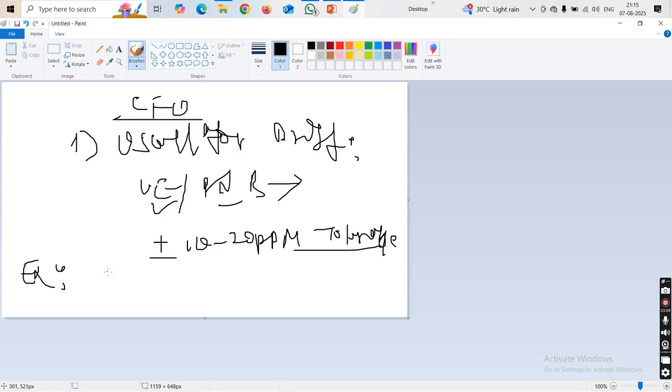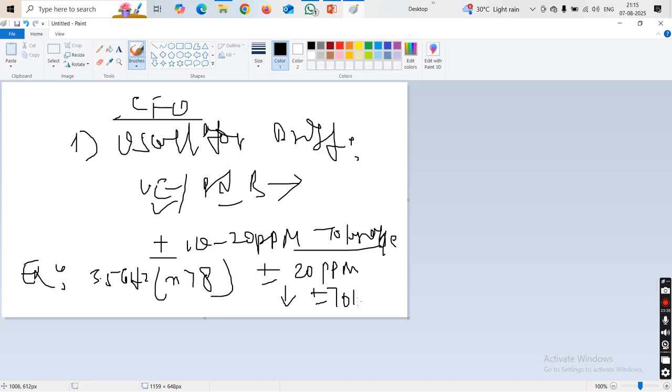It means that, let's say, we are using a 3.5 gigahertz RF carrier, which is defined for the N78 band. So for the N78 band, your NR RF carrier is 3.5 gigahertz. When I use plus minus 20 ppm, it means that if you multiply 3.5 gigahertz by 20 ppm, it will become around plus minus 70 kilohertz offset.